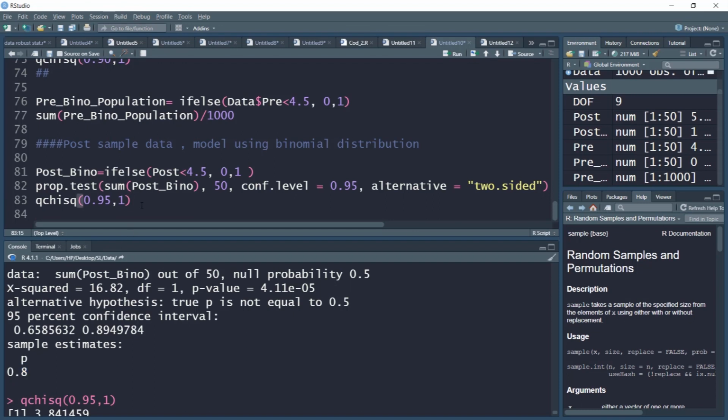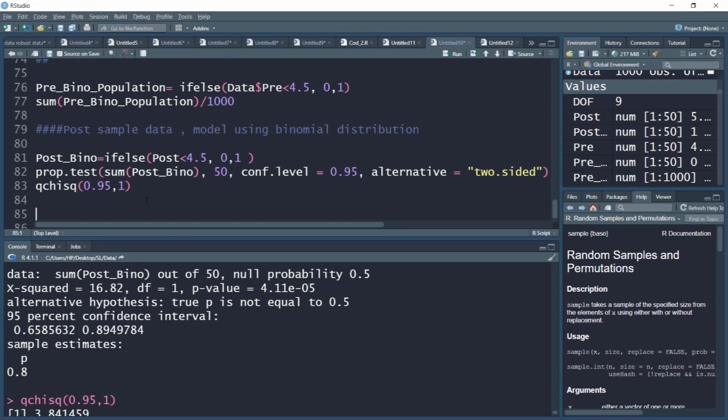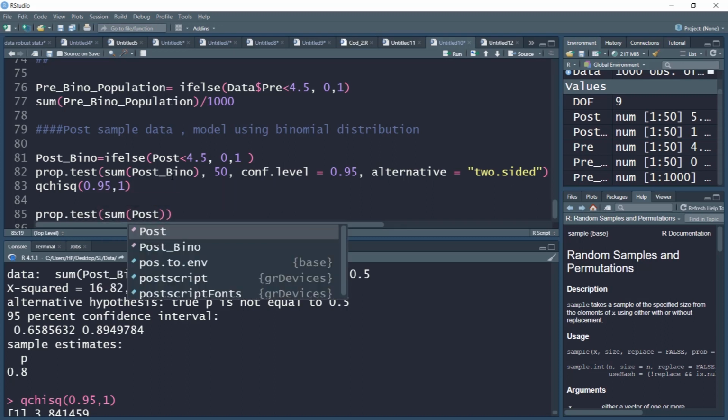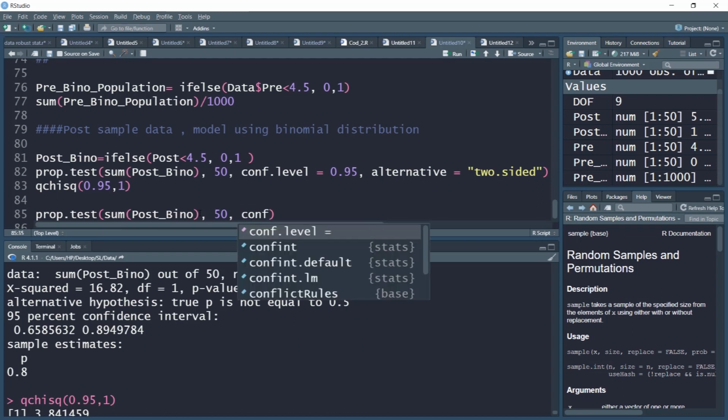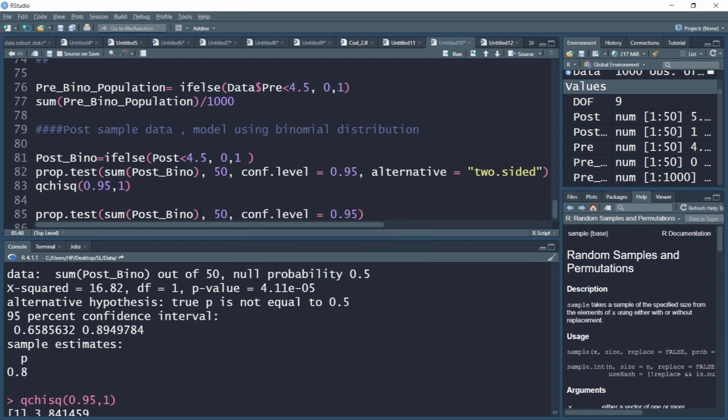So with this, we move towards a more precise test, a one-tail test, to establish whether this probability of finding an individual with a 0 or 1 score is more than 50% or less than 50%. So we'll again conduct our prop.test with the post bino variable summation. 50 is the sample size and confidence level is 95%.